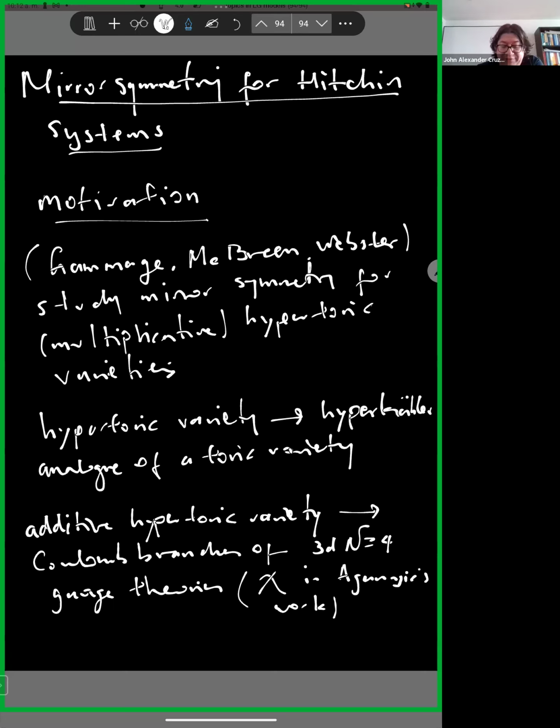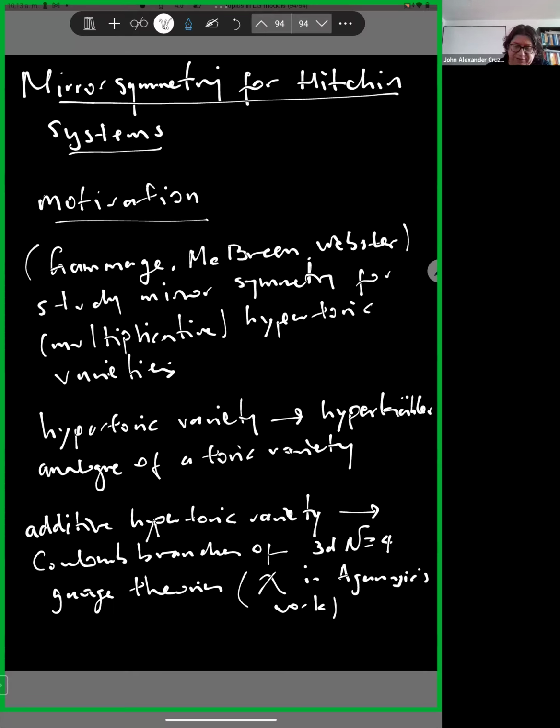The mathematical definition of Coulomb branch is not that simple. There is some work by Braverman, Finkelberg, and Nakajima, who try to describe mathematically the Coulomb branches for certain theories. But it is a very interesting problem in mathematics to really give a mathematical description of these objects. But they are essentially the additive hypertoric varieties.